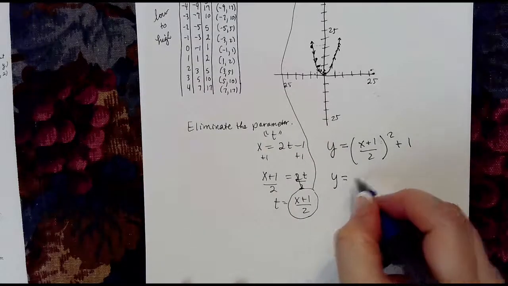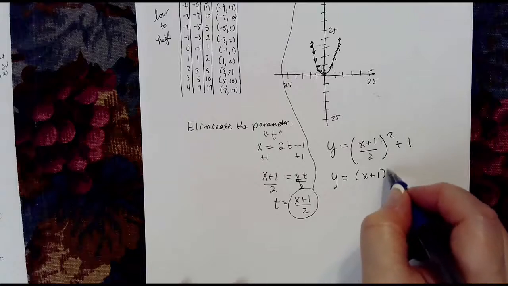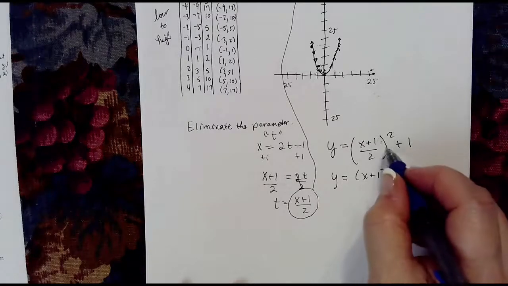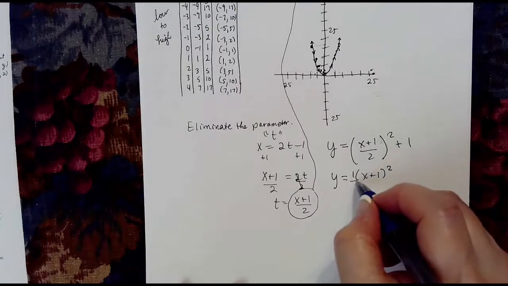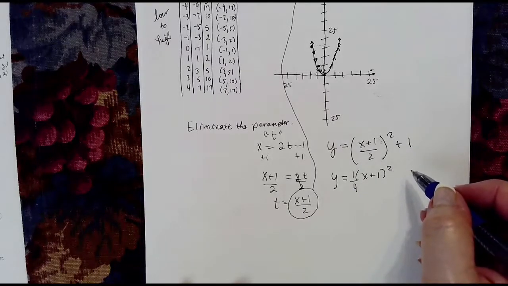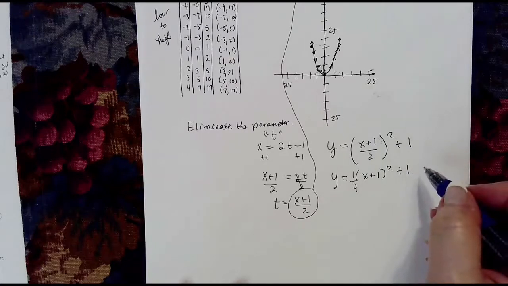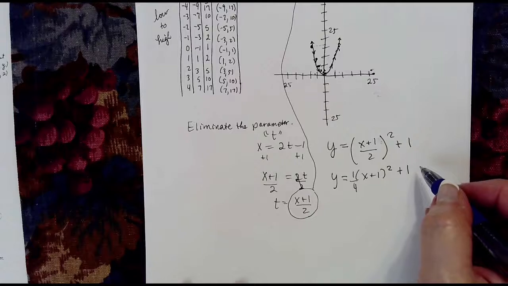This is going to be y equals, squaring the top is going to give me (x plus 1) squared, but then I'm going to bring out the 2, which would give me 1/4 coming out, right? Because the 2's in the denominator. And then you still have the plus 1. So we've got a form of a parabola here.